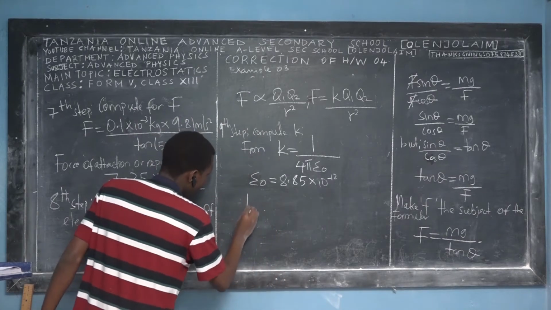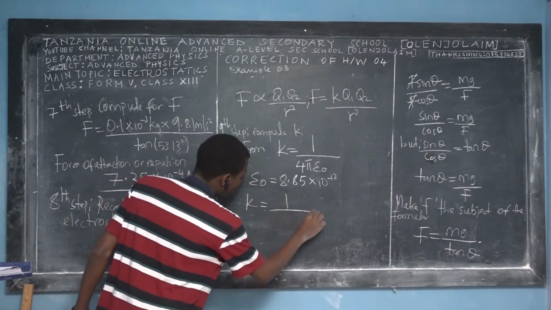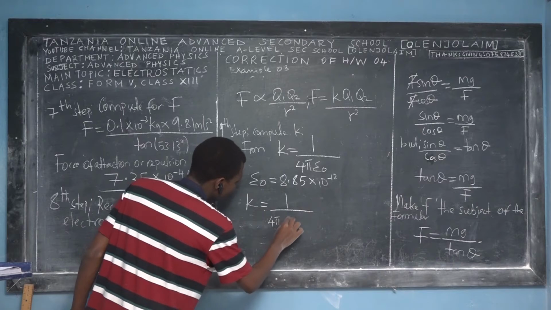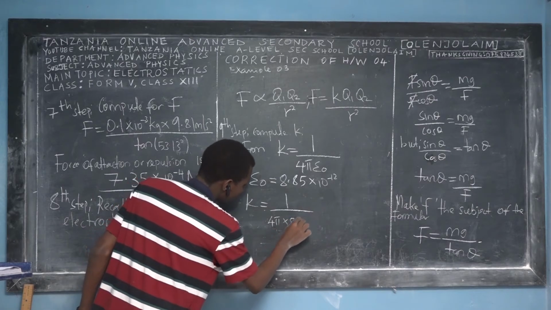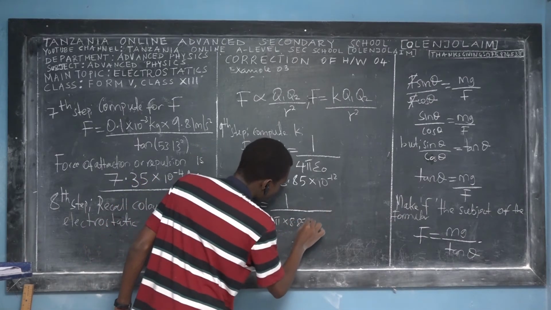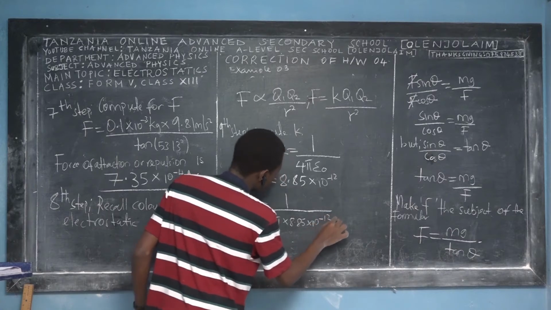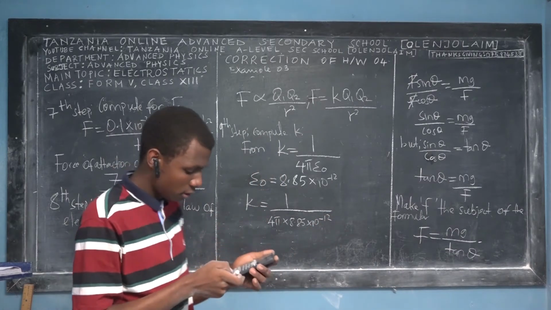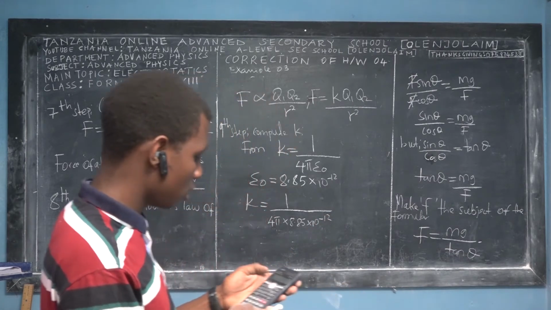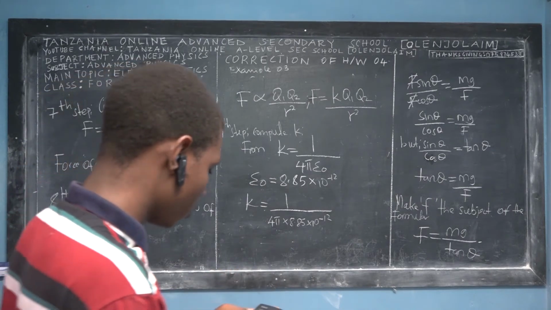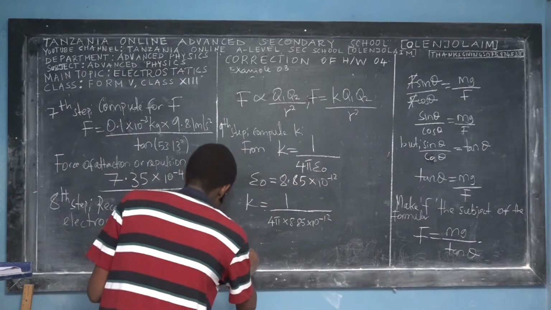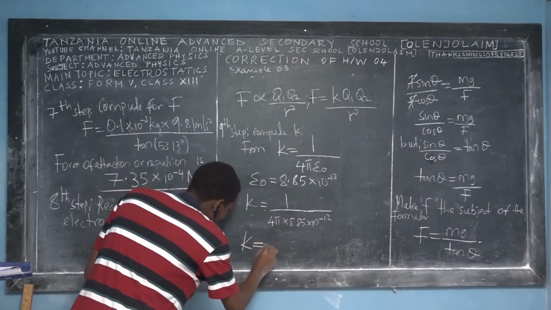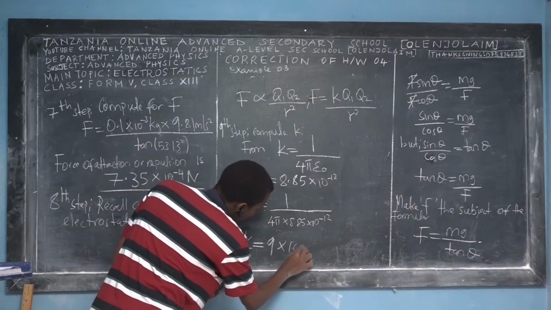Then k is equal to 1 over 4 pi times 8.85 exponent negative 12. So 4 times shift pi, and then inverse of my answer. I get the value of k is approximately 9 exponent 9.